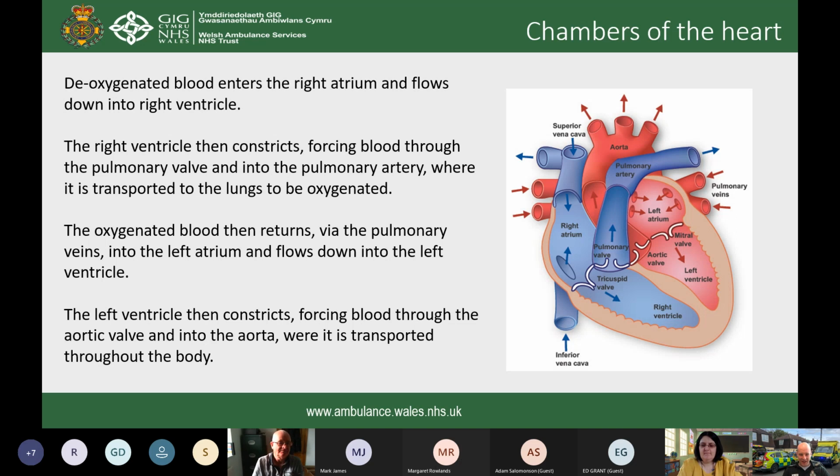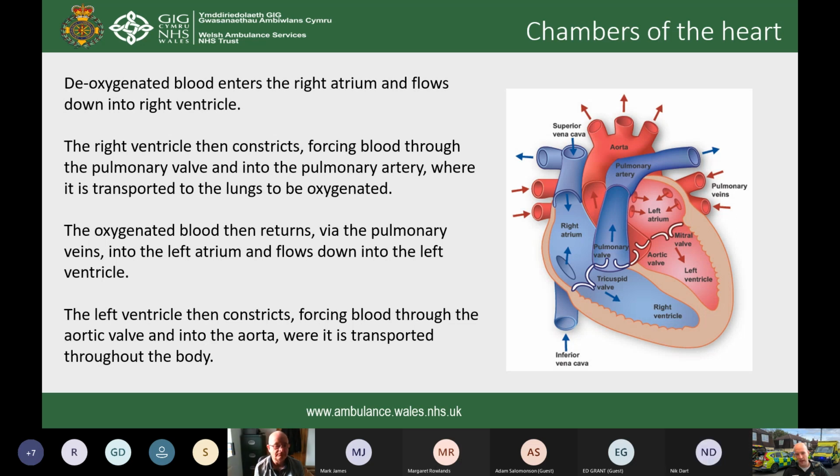So, looking at the picture of the heart, let's talk about what's happening with it. We have the deoxygenated blood entering through the superior vena cava, going down into the right atrium, then down into the right ventricle.